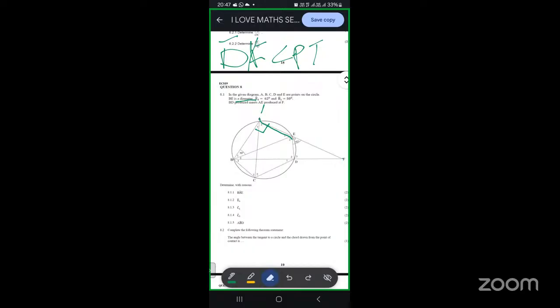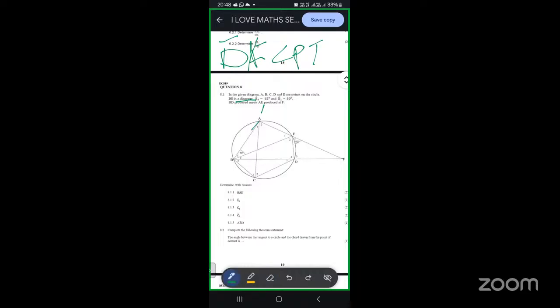Is there anyone who can extract some cyclic quad here? A, B, C, D. So you are saying this one?